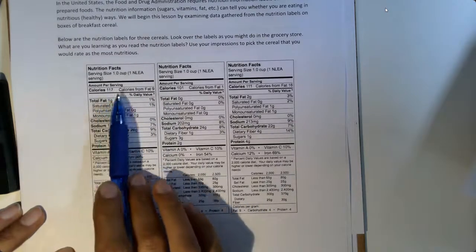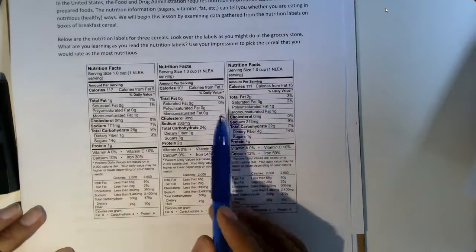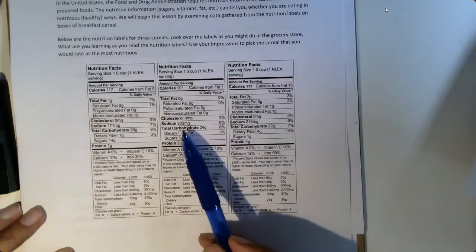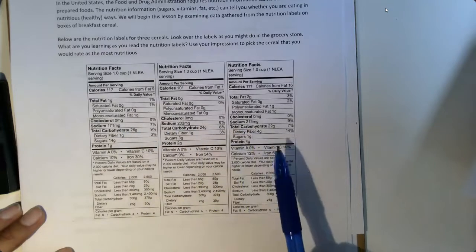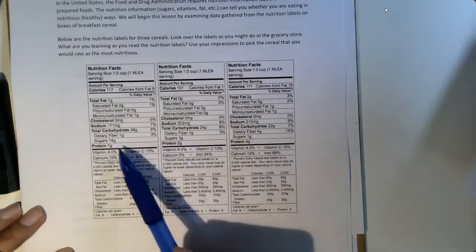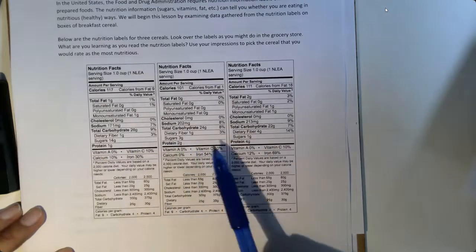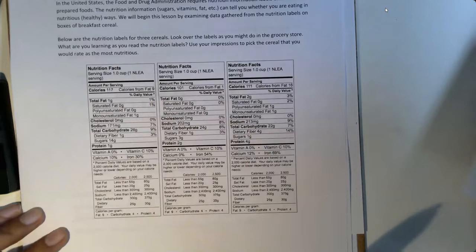We usually focus on calories and then we check the fat. Some people are interested in knowing about the sodium and sugar, maybe protein. Okay, this is the information that we have here.